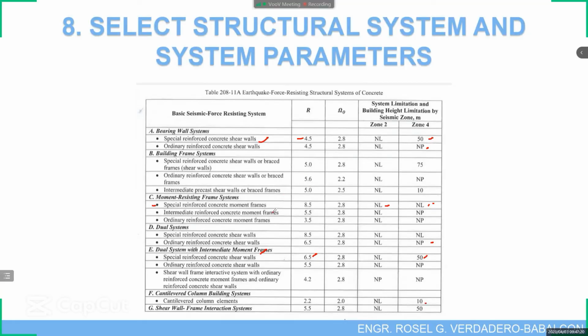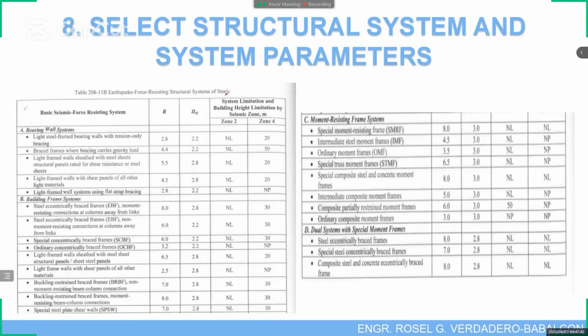So that is why most designers prefer to use special reinforced concrete moment frames, because it has no limitations when it comes to the height in seismic zone 4. But there are also other types of system that you can utilize in seismic zone 4. You just have to refer to this table.